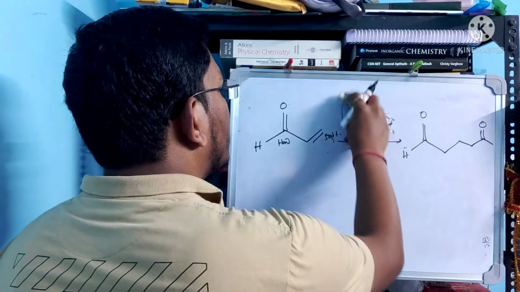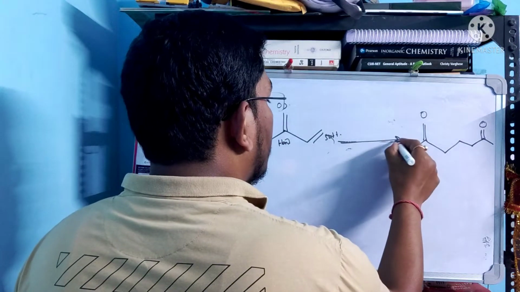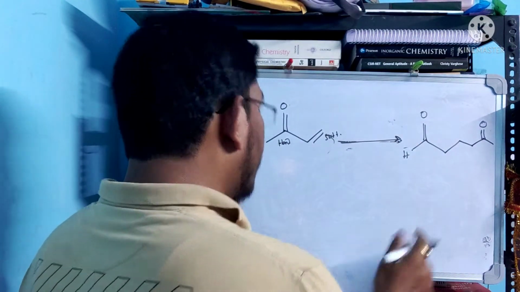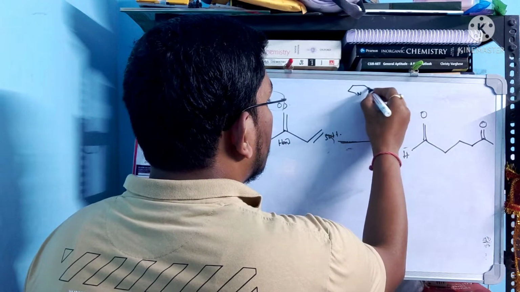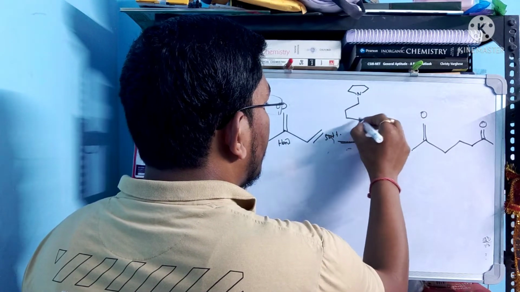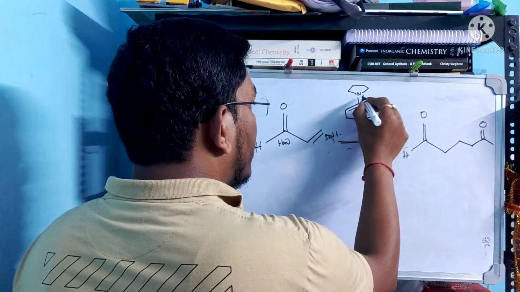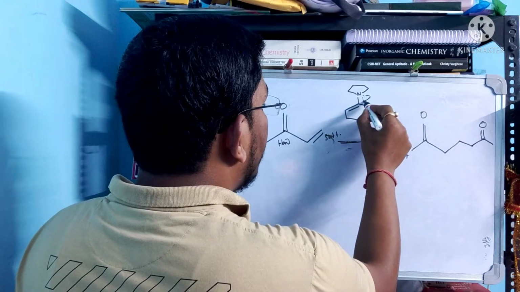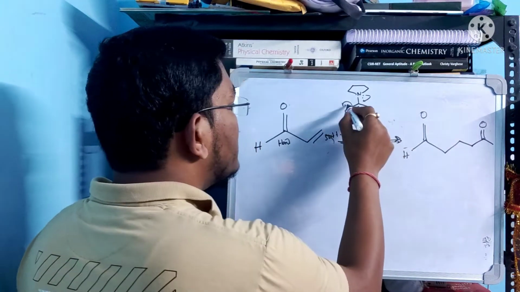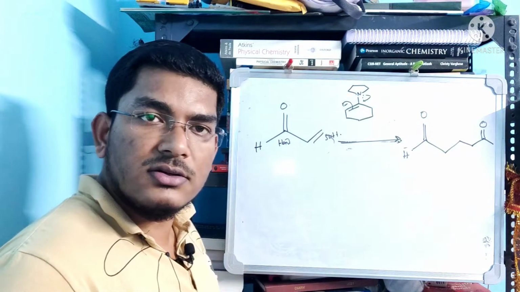Okay, if we use the enamine, you can also say that it's delocalizing, it can delocalize. That means charge density is comparatively low. That means it's a softer nucleophile.